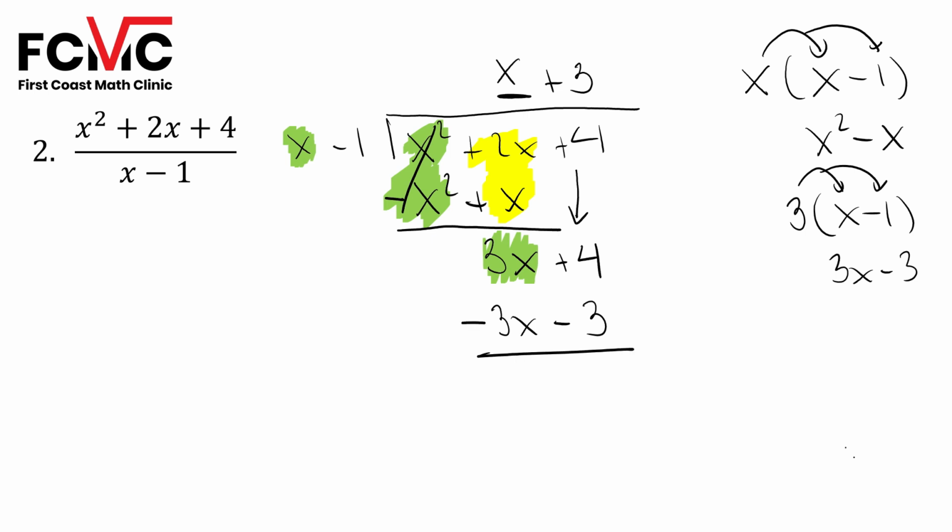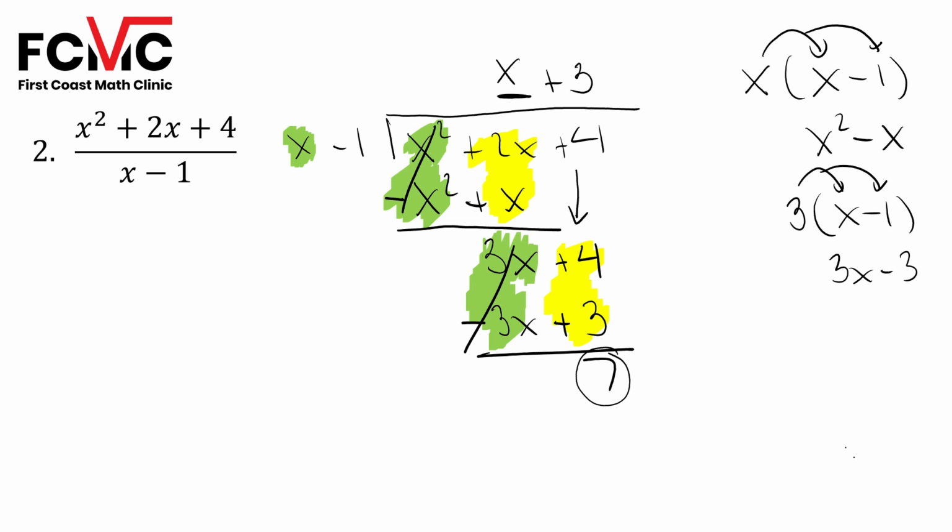Let's flip the signs. That becomes minus. That becomes plus. 3x minus 3x, well, those are going to cancel out. That's just 0. But here, 4 plus 3, well, that doesn't cancel out. That gives us 7, and we run out of terms to bring down, so that 7 winds up being our remainder.